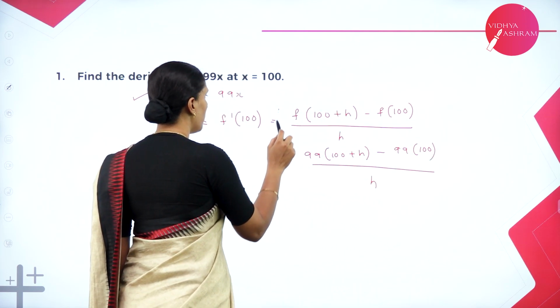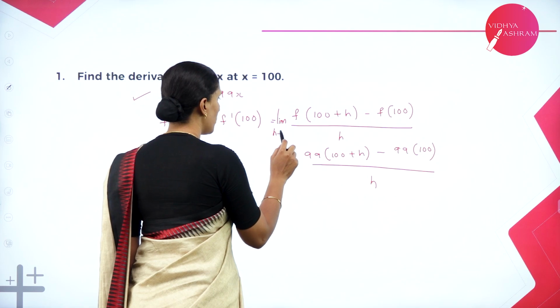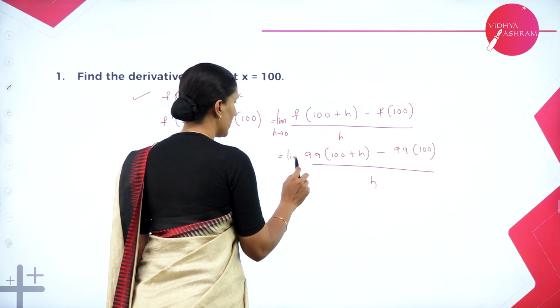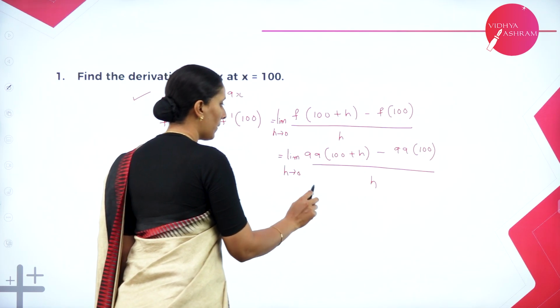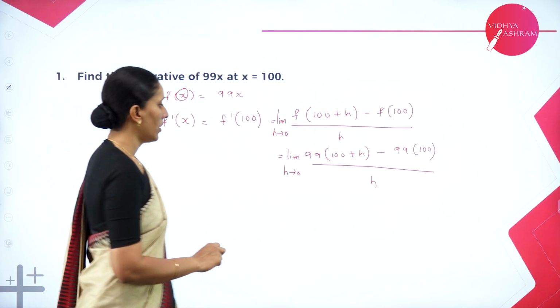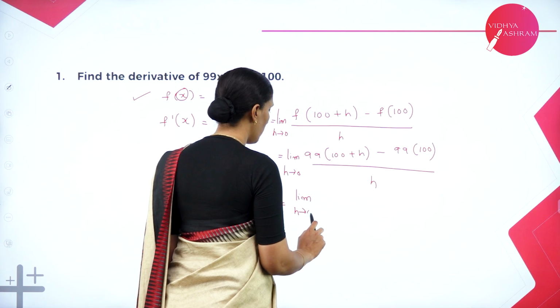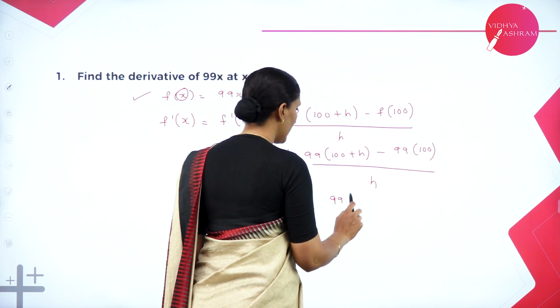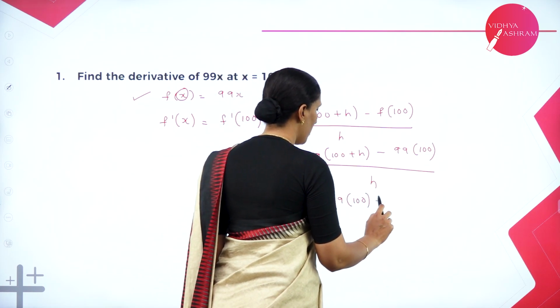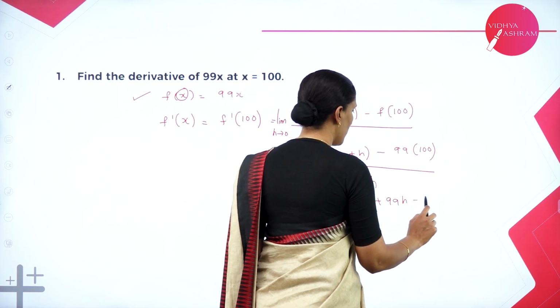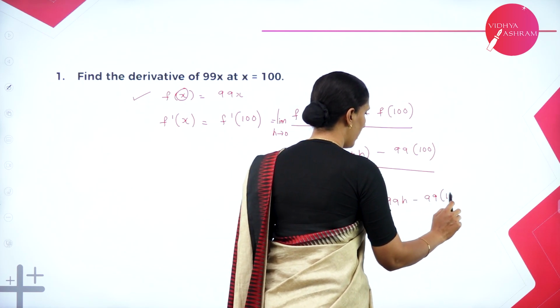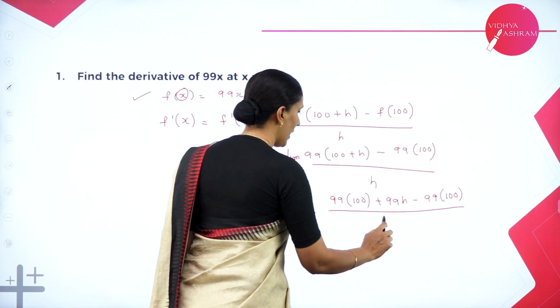Here you need to write limit as h tends to 0 until you apply the limit for h. So now again limit as h tends to 0, this can be written as 99 into 100 plus 99h minus 99 into 100 whole divided by h.